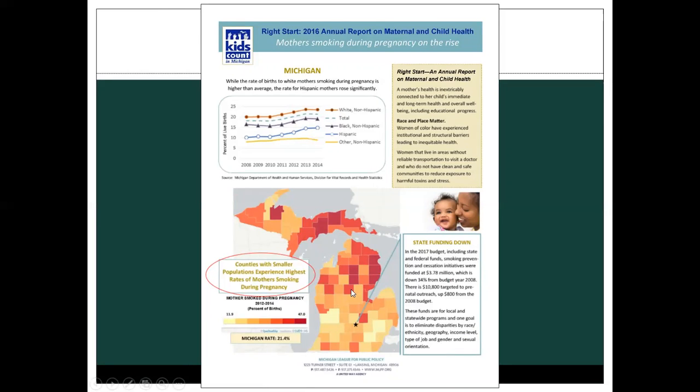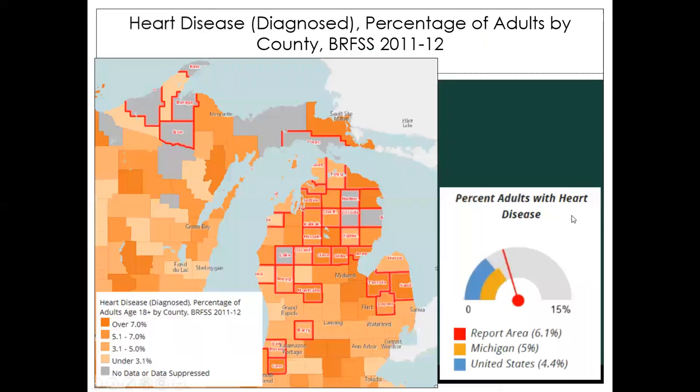So here we have Lake and Clare County. Those counties seem to have higher rates. Actually, this is Roscommon County, I believe. But again, this northern rural area seems particularly hard hit with maternal smoking, and that has a lot of risks that can be long-term for that baby.